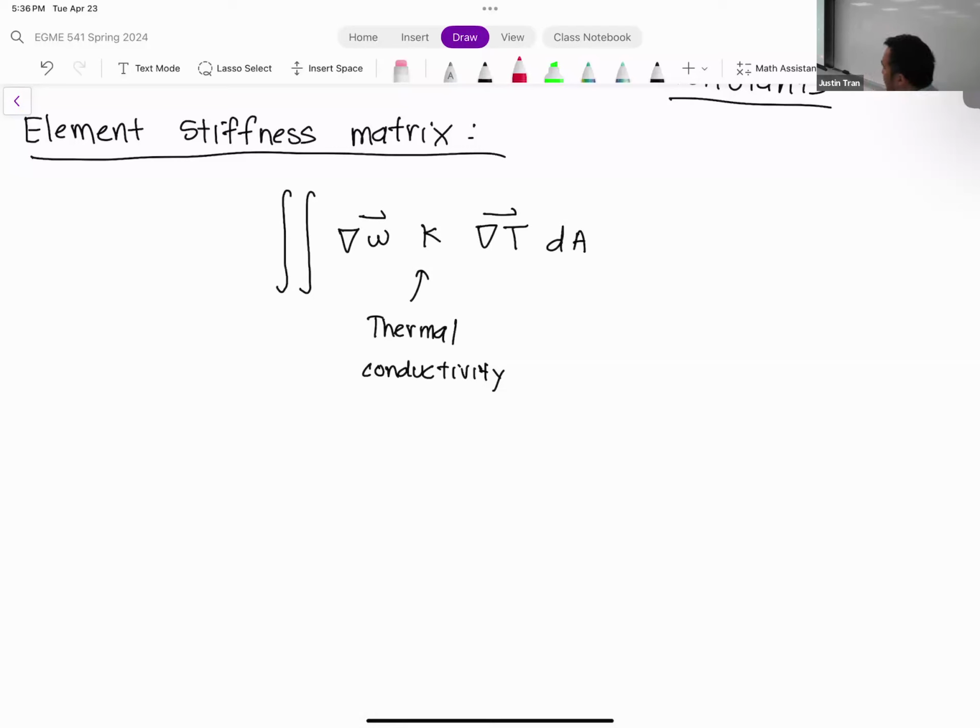Now, when you apply this equation to different element types, what that involves is plugging in different expressions for these two right here.